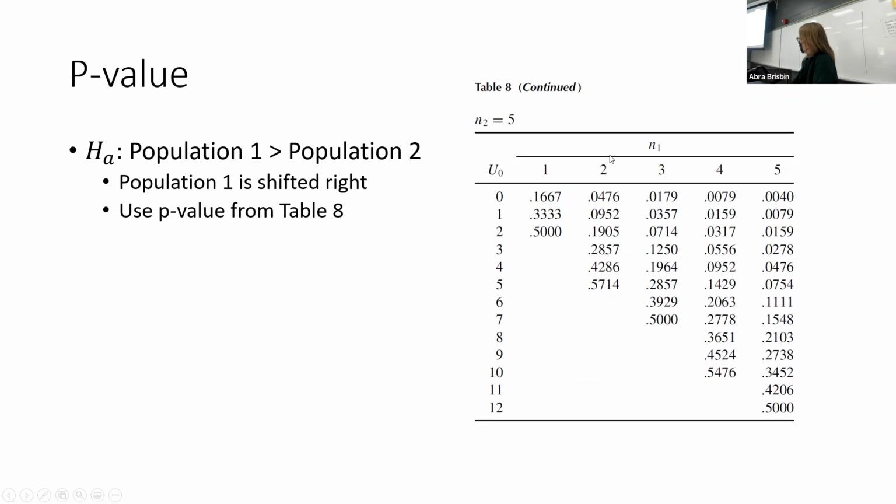And then we want to look at the column that corresponds to the sample size of group 1. So in our case, sample 1 also had 5 observations, so we're looking at this last column. And then our test statistic was 4, so that's the row that we look in. So our p-value is 0.0476 if we're doing this as a one-sided test.